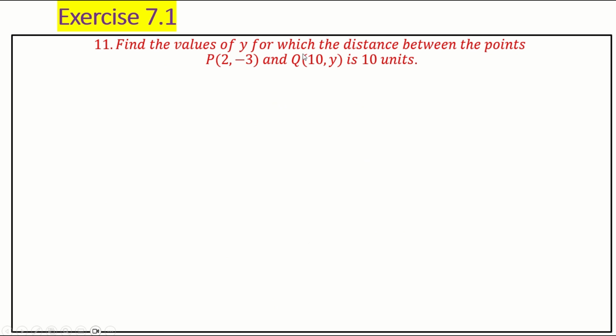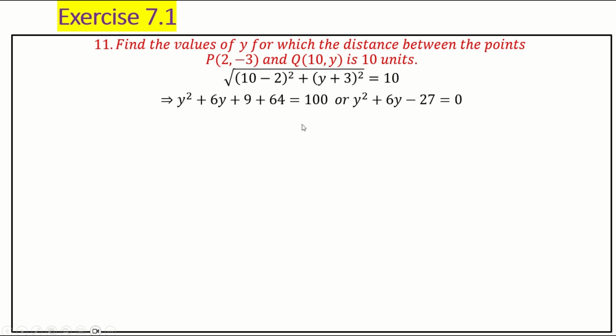Find the values of y for which the distance between the points is 10 units. Again, similar problem. So put the template distance equation, and you will get y square plus 6y minus 27 equal to 0. If I simplify, I'll get y equal to minus 9 or 3. Okay, so sorry, this is the value of y.